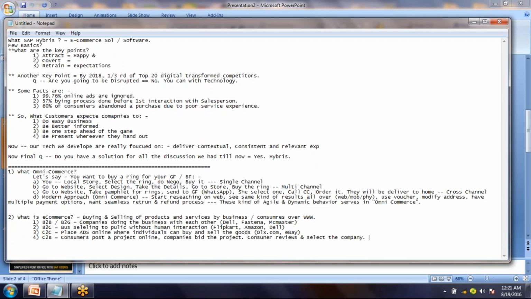That means the consumer posts a project online, companies go for bidding, then the consumer reviews it and selects the company. This is called C2B. The best example for C2B e-commerce is Elance.com. That's about e-commerce.